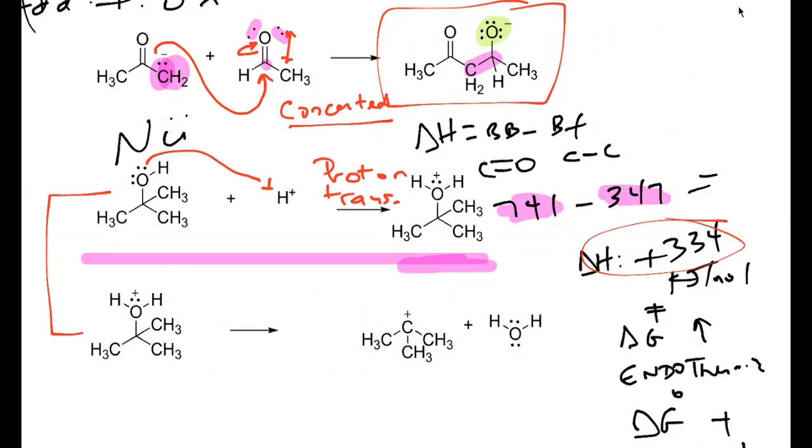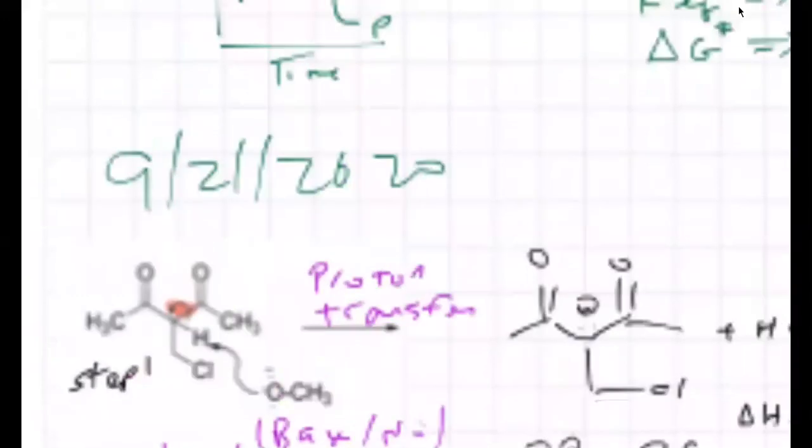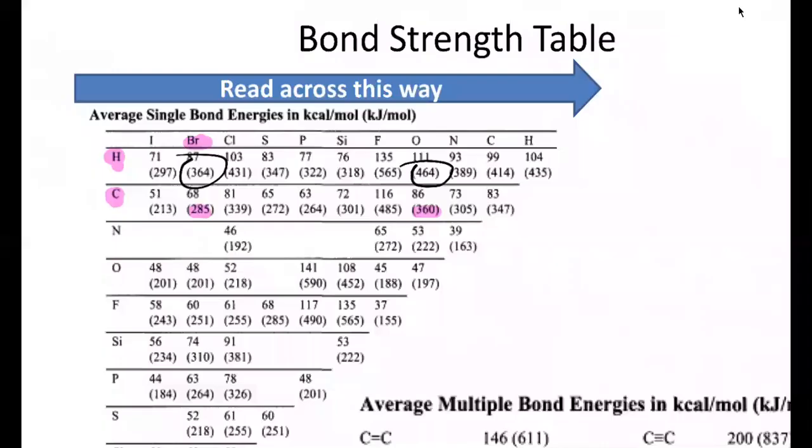All right. So for that step, what did I do? Did I break any bonds? No. So bonds broken would be 0. And then did I make any bonds? I made an OH bond, right? So that's OH, which is, I want to say 464, but I'm going to double check. Yeah, it's 464.